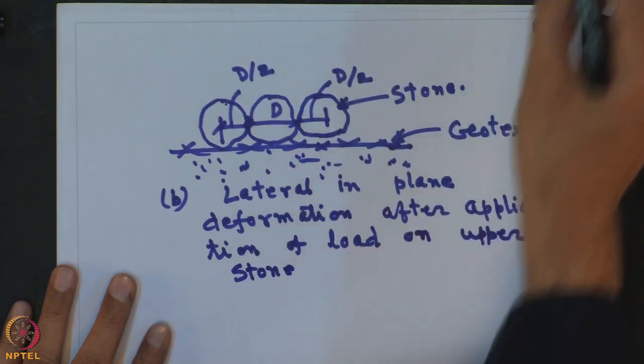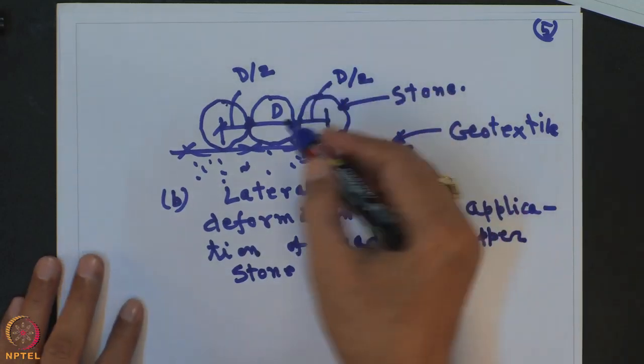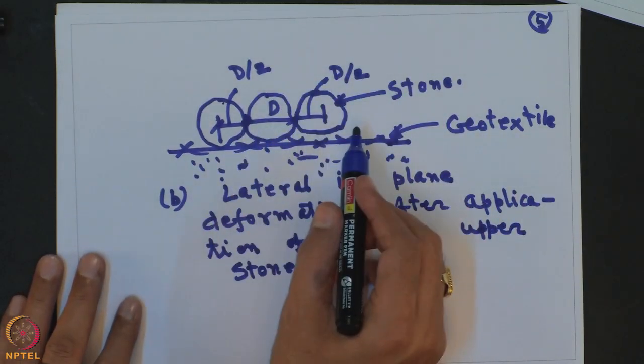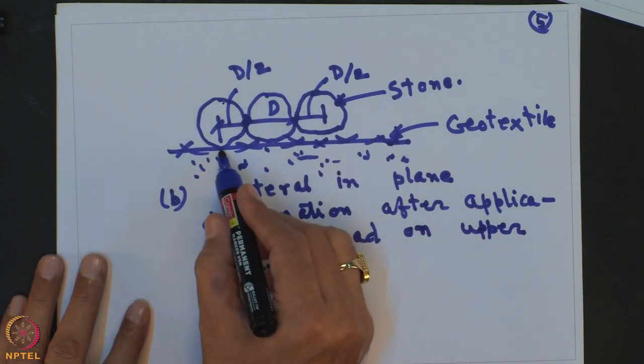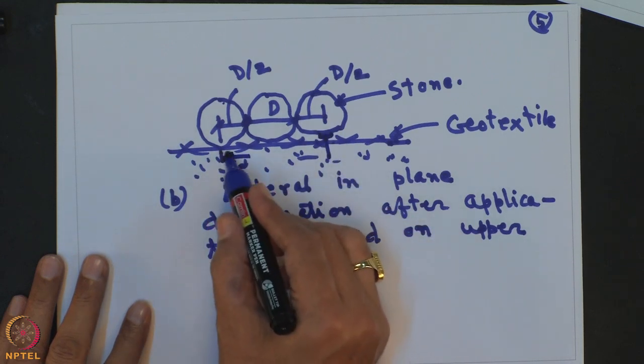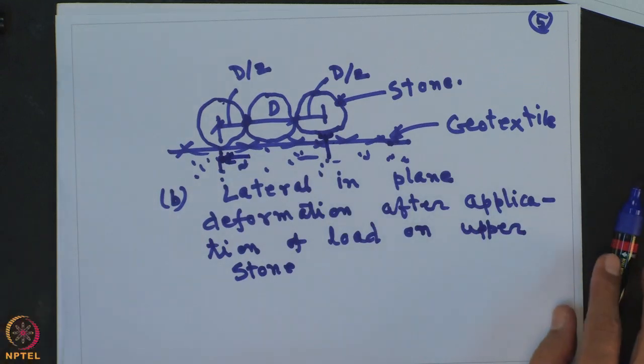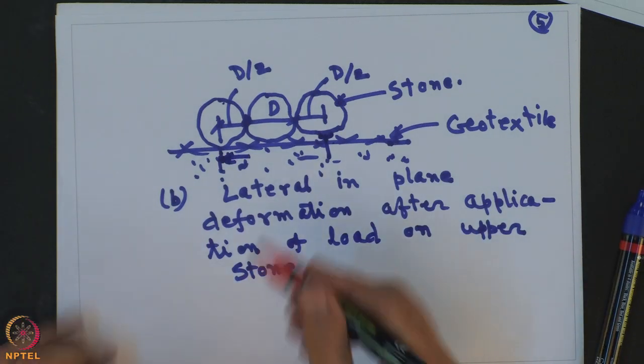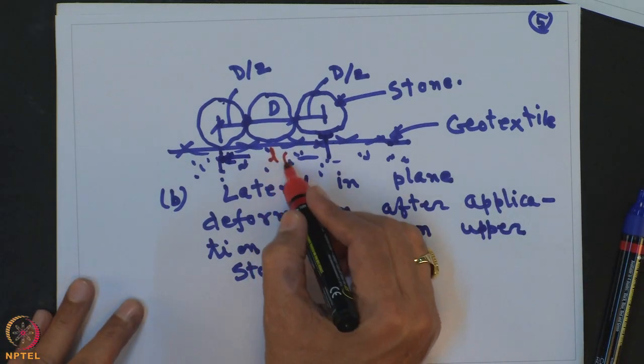So, after application of the load on the upper stone, as you have seen earlier, this will be the position. So, this is the final position, from this to this. So, this distance will be equal to, let us say, L_f.